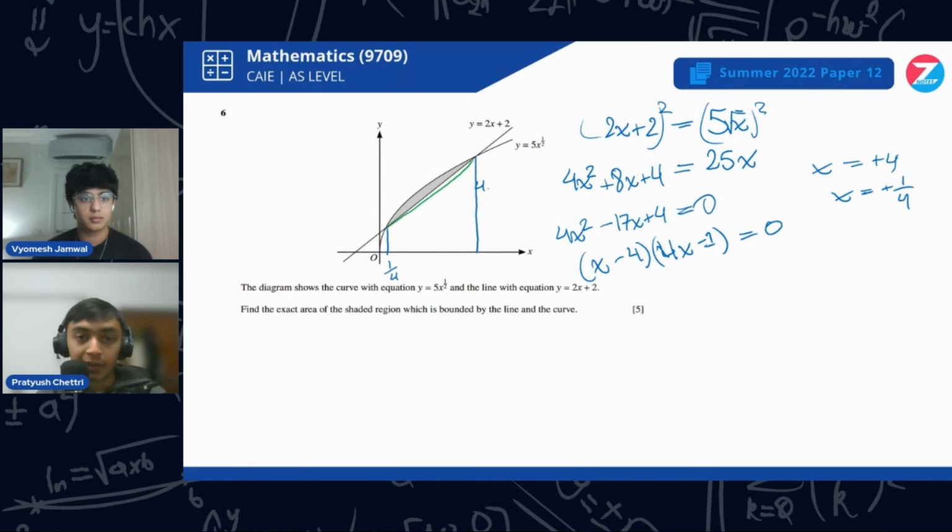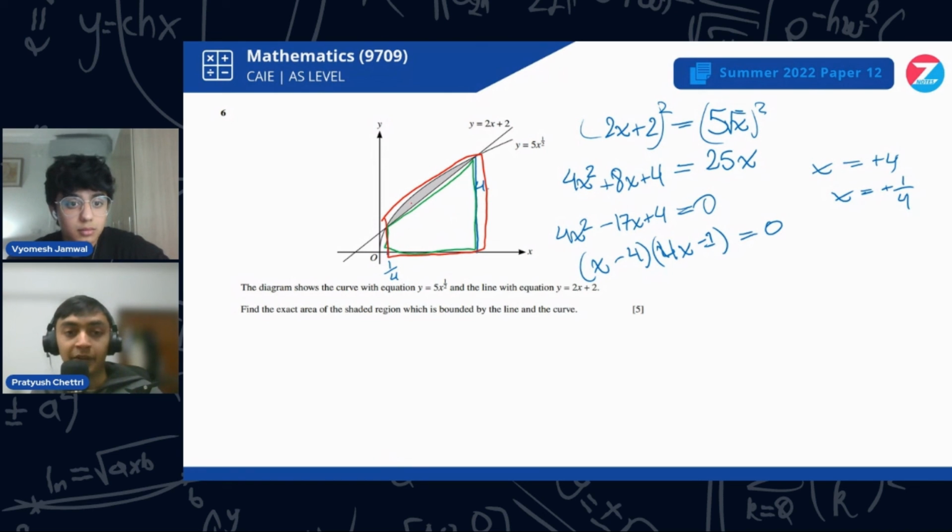Here's the area under the line in green, and in red, here's the area under the curve. I've gone a bit above the boundary to make it clear. So red minus green equals shaded, right?